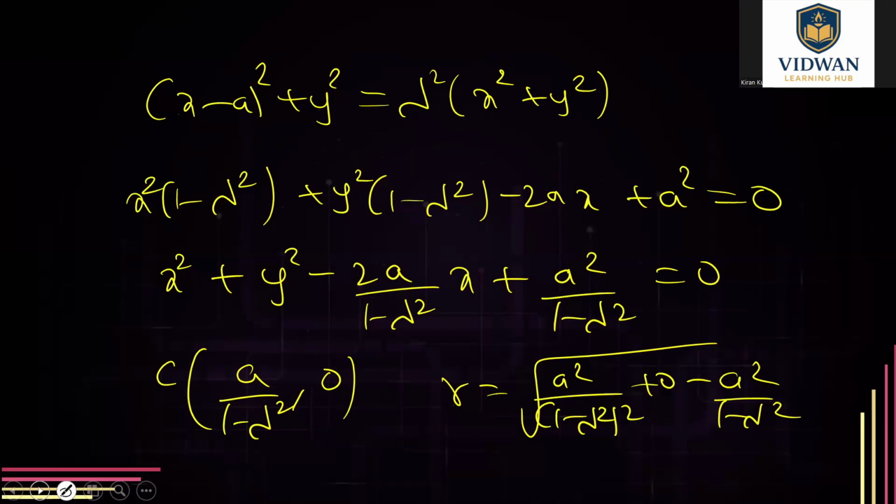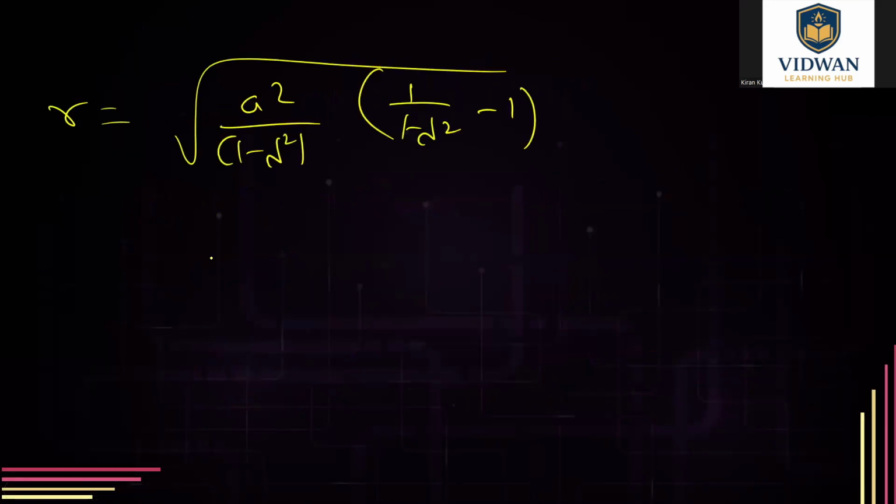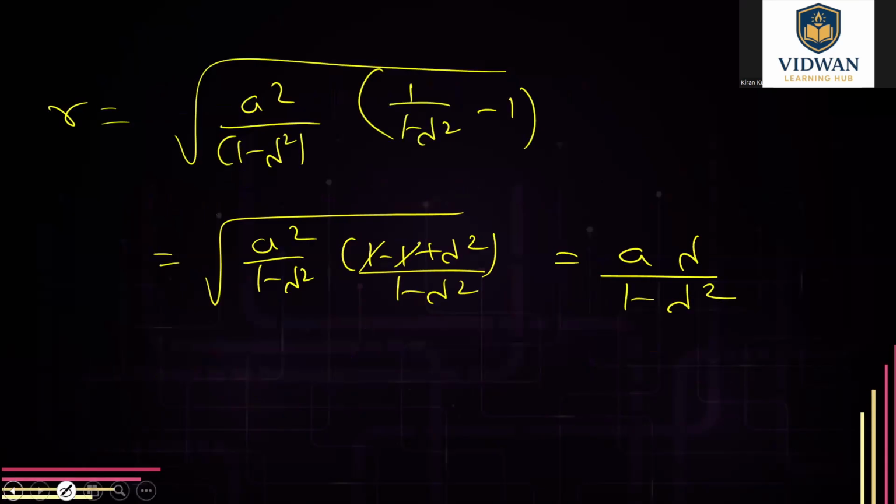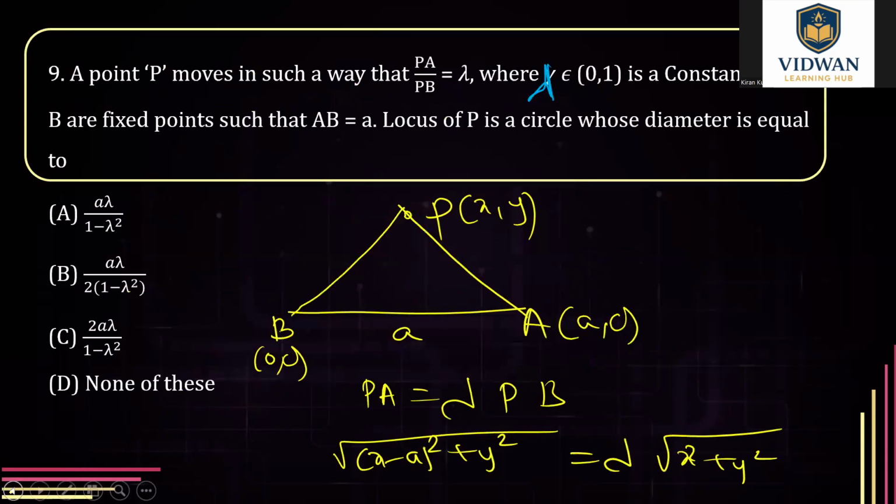Only 1. So this is a square by 1 minus lambda square into, when you take LCM, it will become 1 minus 1 plus lambda square. So this has a square or it doesn't have a square? By 1 minus lambda square. So it will have a lambda by 1 minus lambda square. So let's go back and see. A lambda by 1 minus lambda square. So this is the answer.